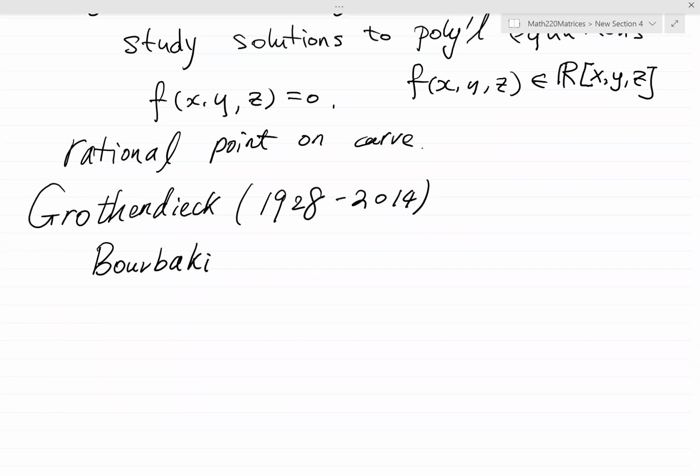Now, one of the styles of this Bourbaki school is that they work on things that are really abstract. This is the current flavor of algebraic geometry, because algebraic geometry deals with a lot of things simultaneously.